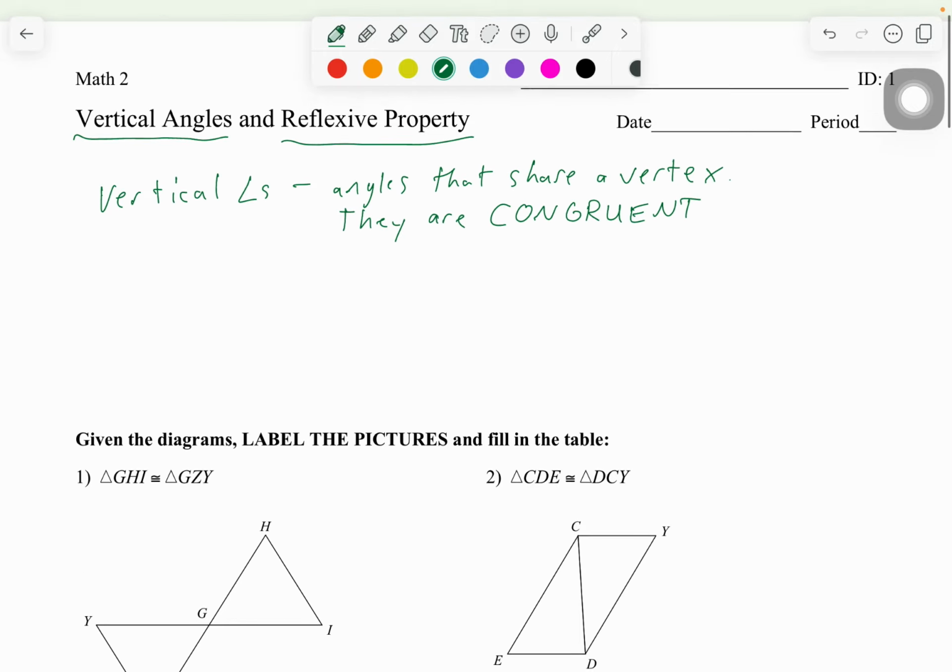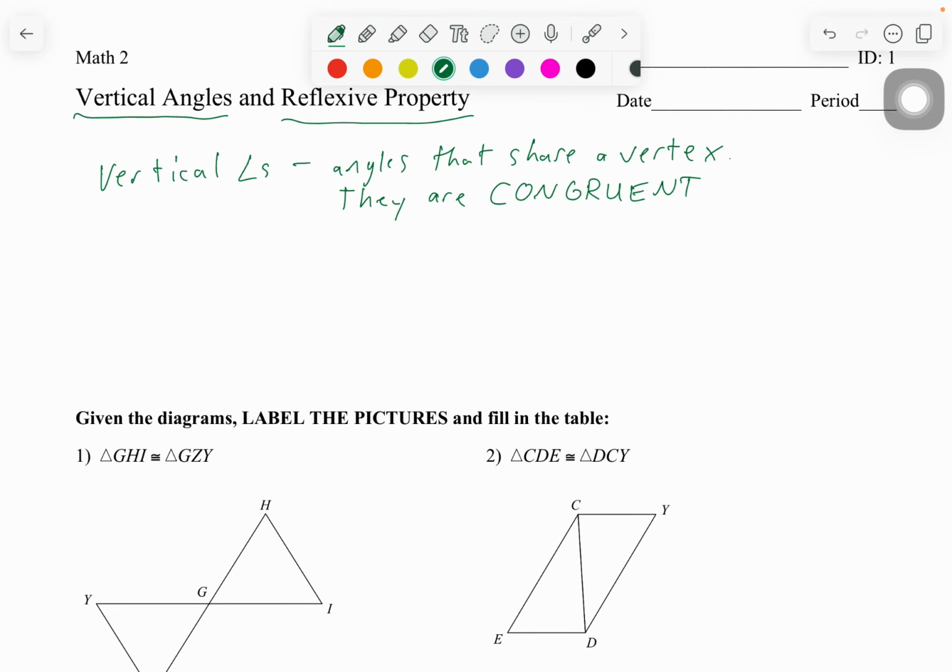And then the second thing is what the reflexive property is. So reflexive property is when two triangles share a side, like they're connected by a side.